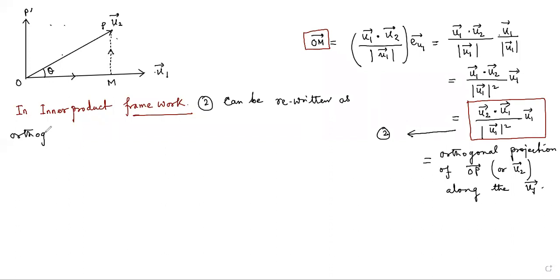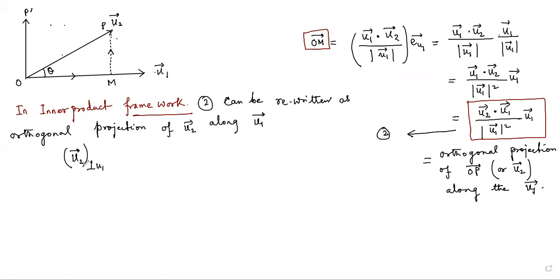orthogonal projection of U2 vector along U1 vector is this, and this is my notation I'm using. Don't ask me what this is.